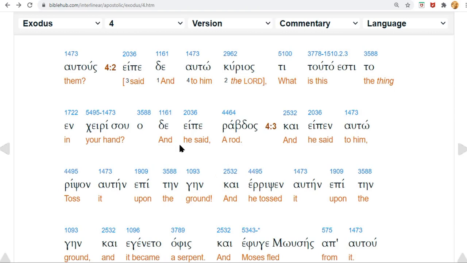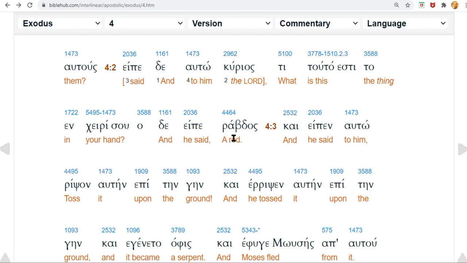And in the Greek it's called the rod. Extend your rod. But it's not quite radio. It's R-A-B-D-O-S, rabdos, or maybe ravdos. The B is often a V in Spanish.